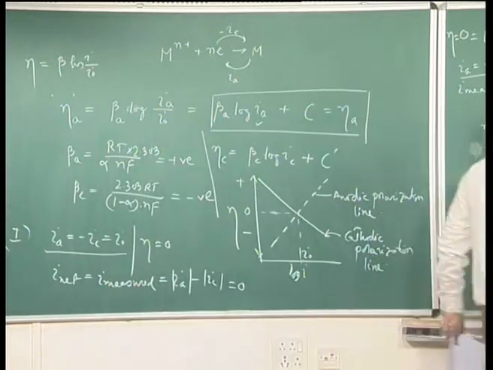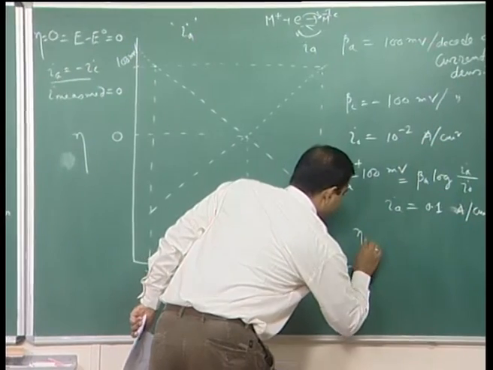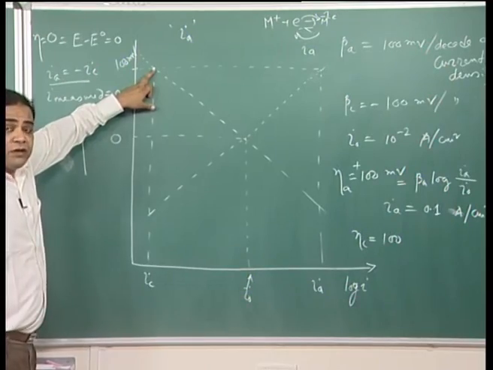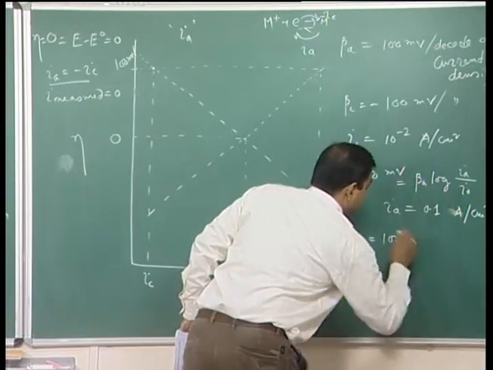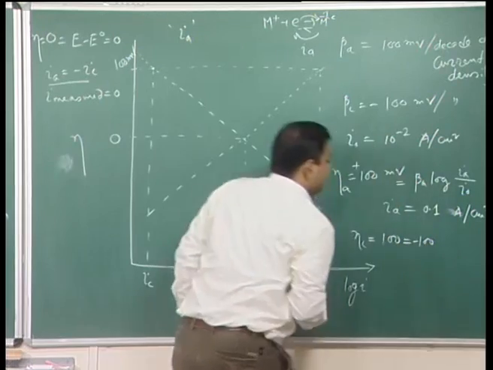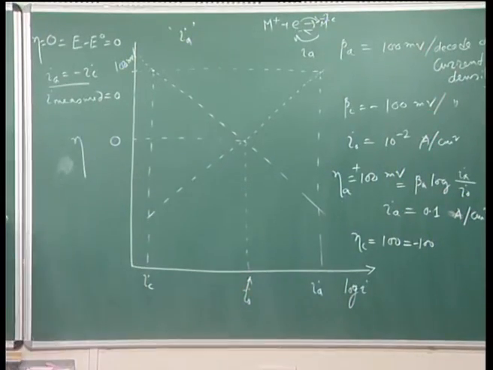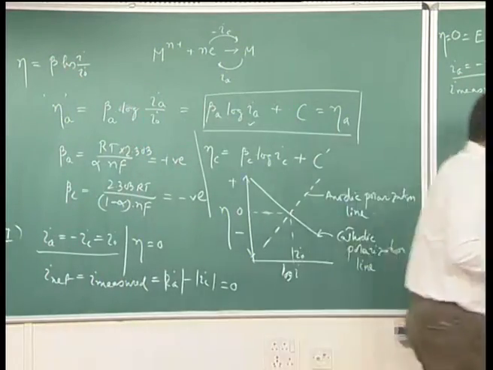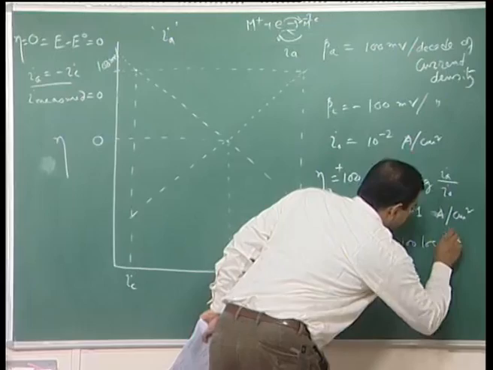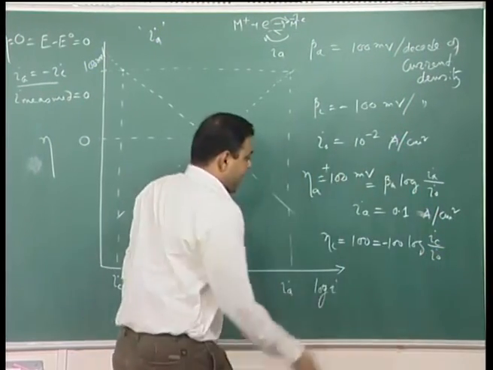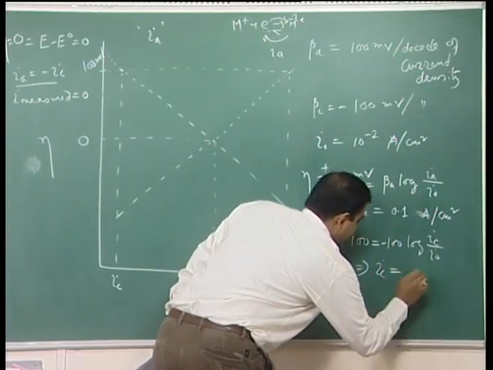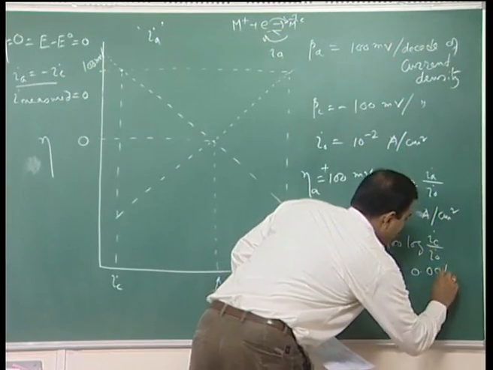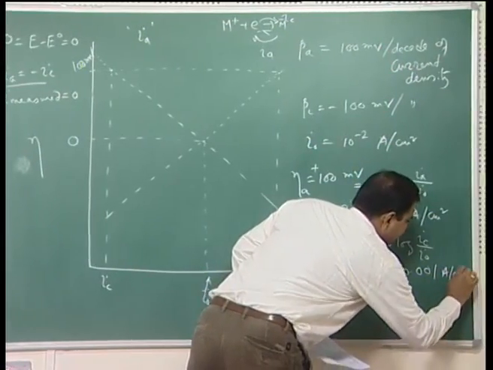So, I can put eta equal to 100 millivolt, since I know my overvoltage, equal to minus 100 millivolt per decade of current density, because I have to put beta C as negative. So, minus log of IC by I0, and from that I can find out IC is coming out to be 0.001 ampere per centimeter square.